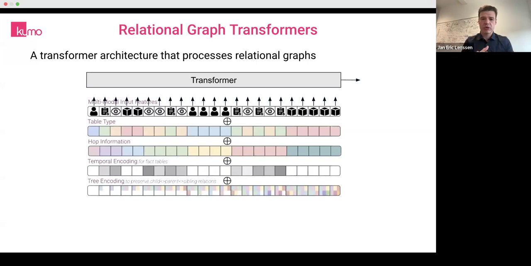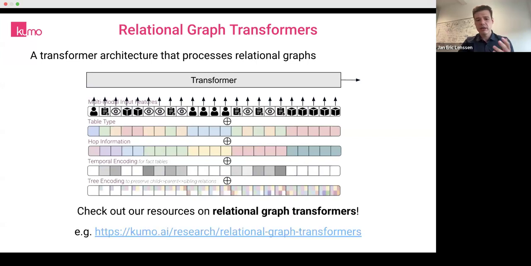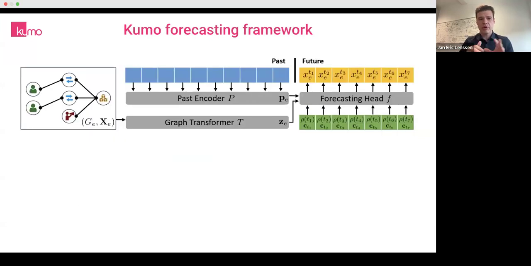That allows you to process these arbitrary graphs with the transformer, while the transformer is able to understand the underlying graph structure. And again, if you are interested in finding out more about these, I'm also pointing you to the resources here. So using both of these concepts, we can now move to our general forecasting framework. What we do is shown here.